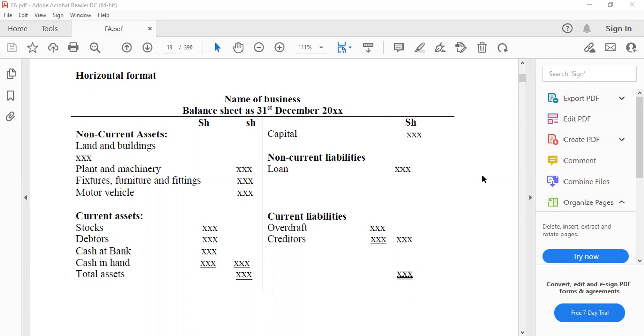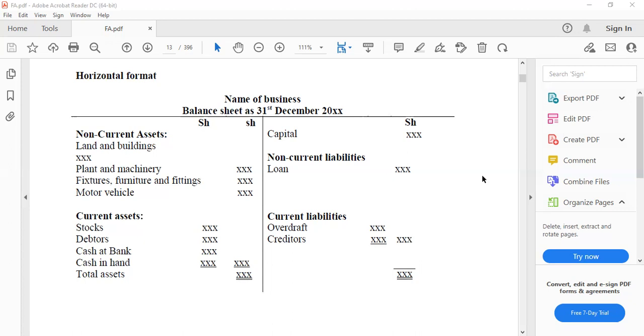So today I want to look at a balance sheet. In other words, some people or some books call it the statement of financial position. The statement of financial position will comply with the accounting equation.